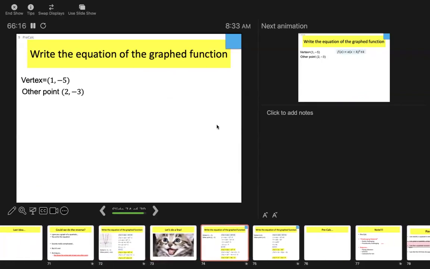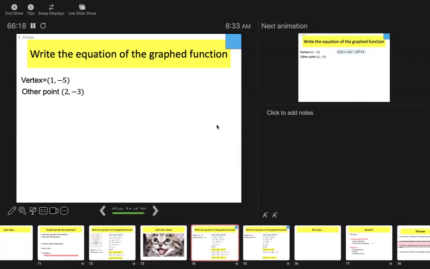All right, let's do a few. Very smart. Step number 1, plug in the vertex to the vertex form. Go.